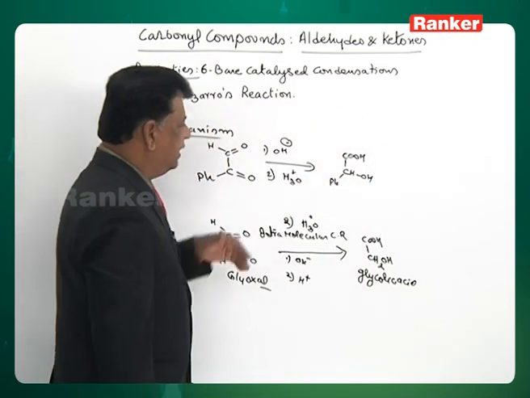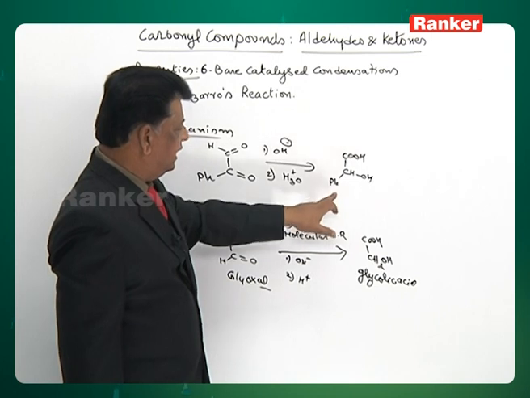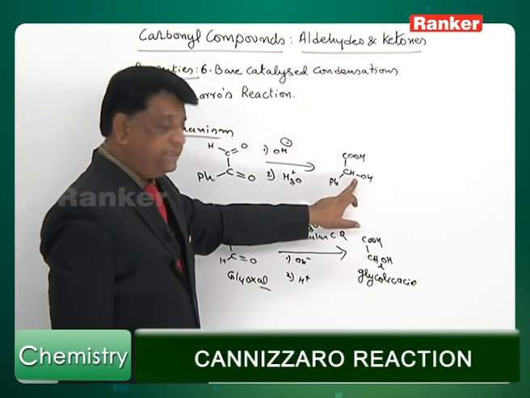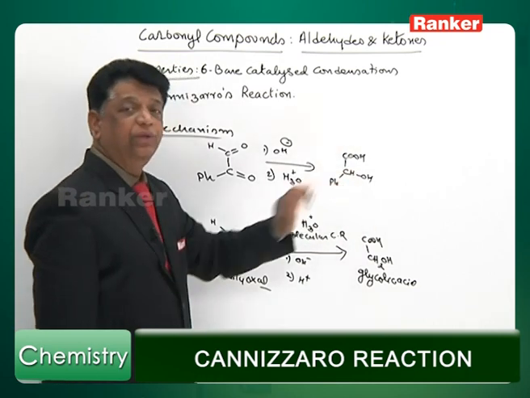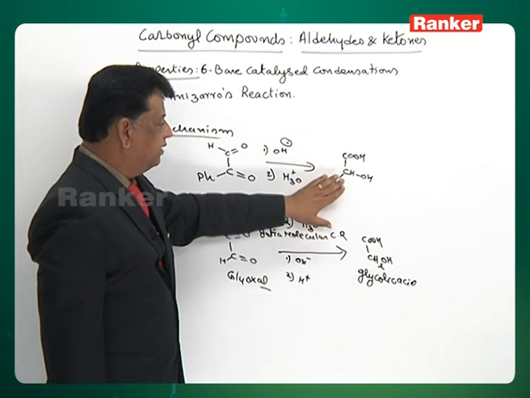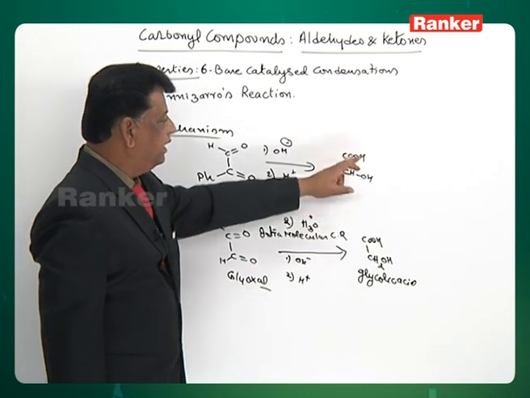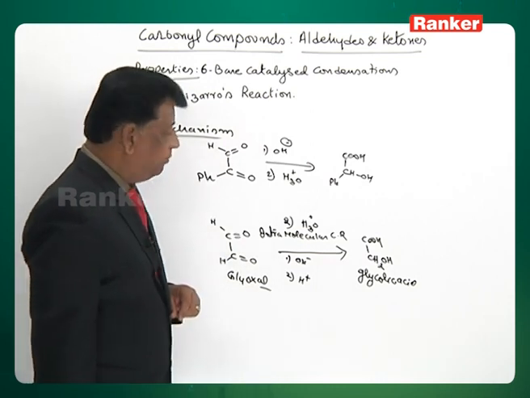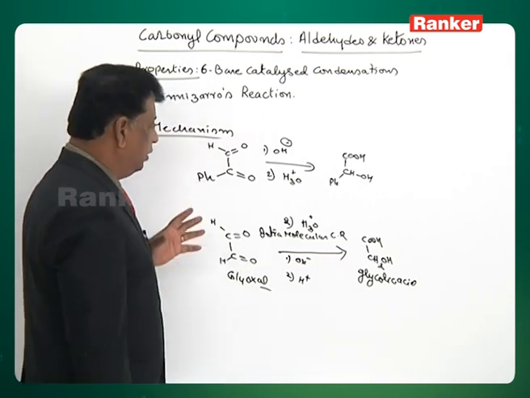Benzaldehyde adding HCN followed by hydrolysis will also get the same. That is called mandelic acid. That is a phenyl ethanoic acid containing a hydroxy group, it has the common name mandelic acid.